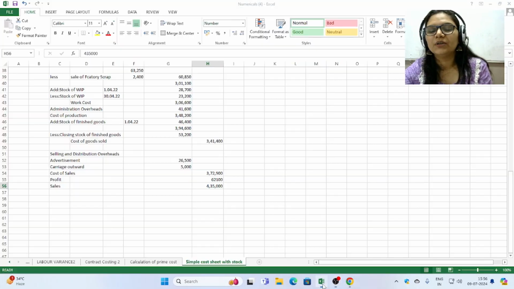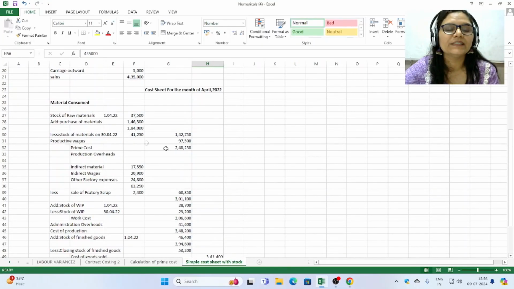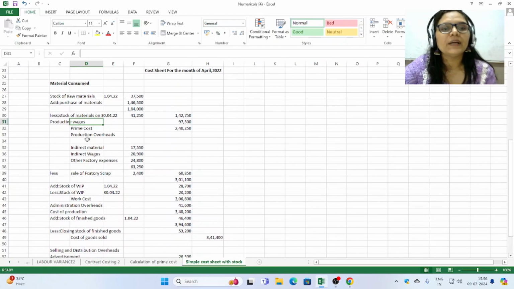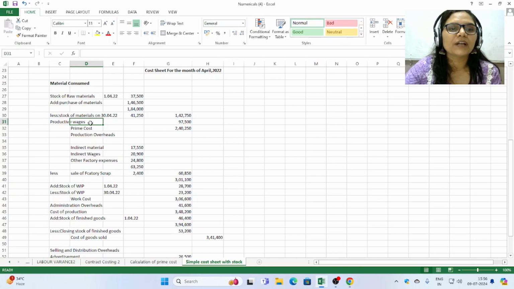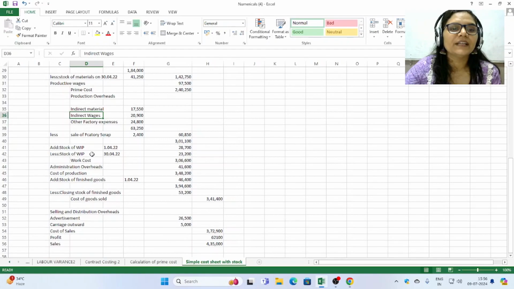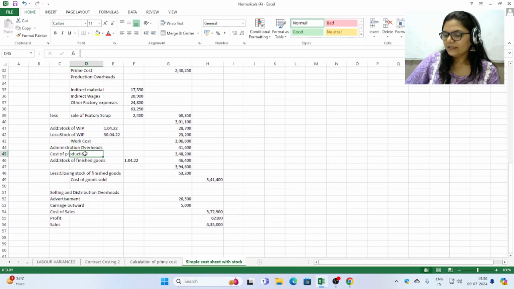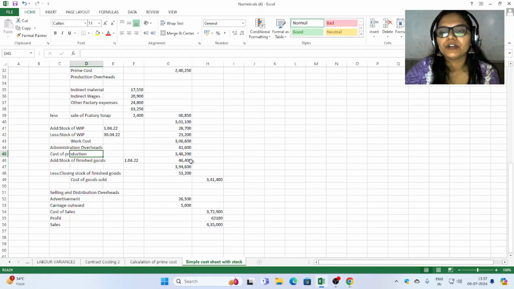So in this particular numerical, you can see each and every cost is predetermined, that if any productive wages are to be recorded, then factory overheads, then administration overheads and cost of production, and these are all the things which you have to record while preparing the cost sheet.